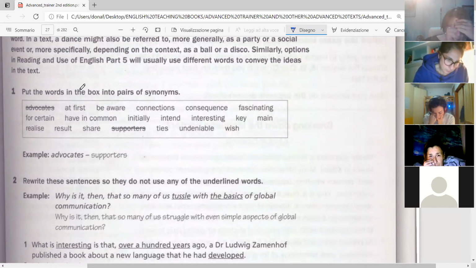Okay, Francesca, at first. Initially. Yeah, at first and initially. Okay, Mara, be aware. At the beginning there are so many, so it takes a bit more to find the right one.